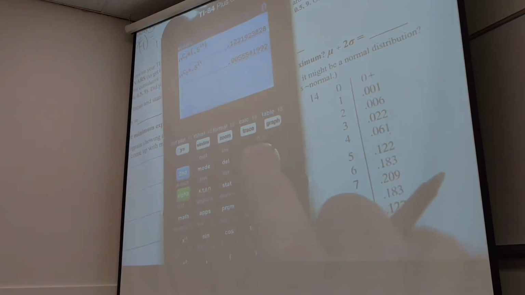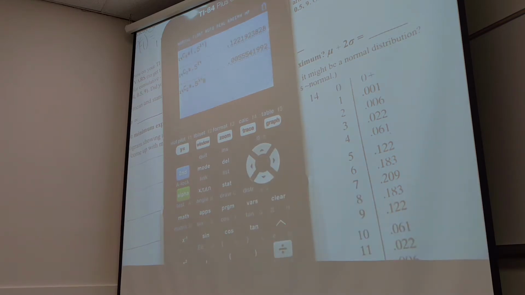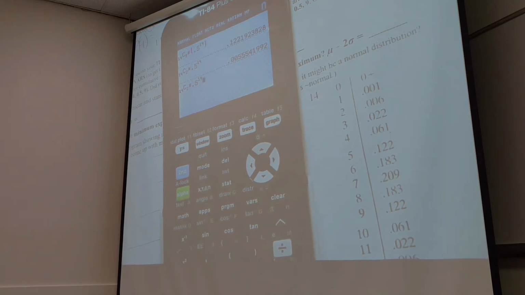How do you copy the line before? If you have the newer calculator, you just hit the up arrow, and then you hit enter, and it copies it for you. If you have the older one, where there's a bunch of parentheses and stuff, then you hit second enter, and it puts the last thing there. If you hit second enter again, it puts the next to last thing on there, and so forth.